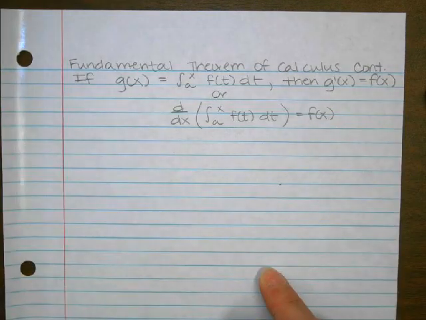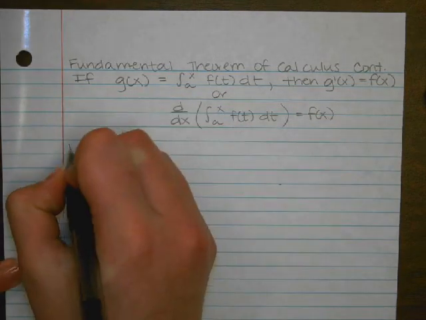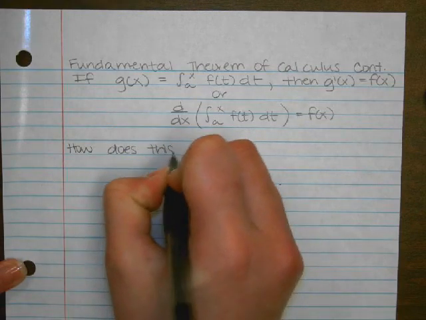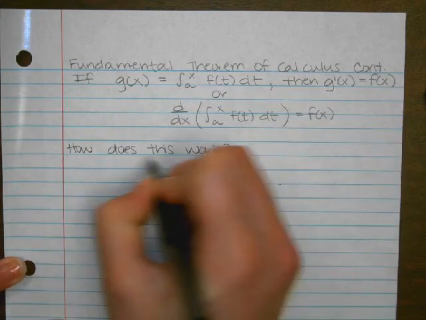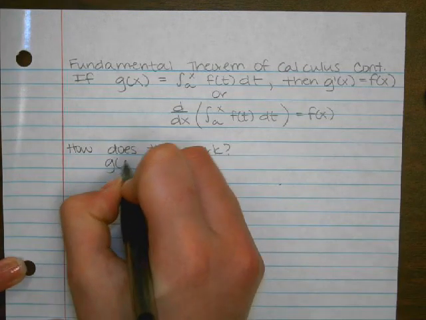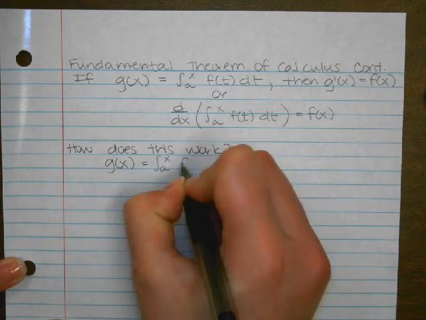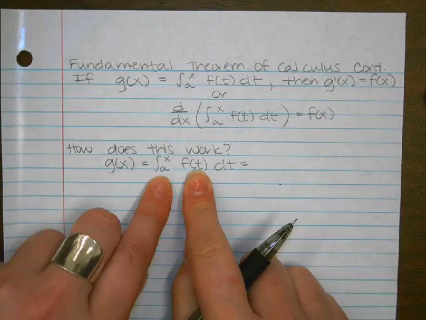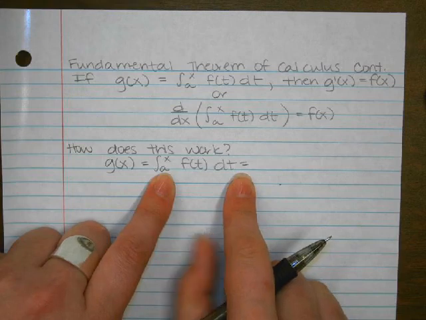So the first thing we want to look at is just how does it work? So I'm going to go ahead and write that first. How does this work? I'm going to start off by saying that g of x is defined as that integral from a to x of f of t dt. And this is just referring to that original fundamental theorem of calculus that we already looked at.